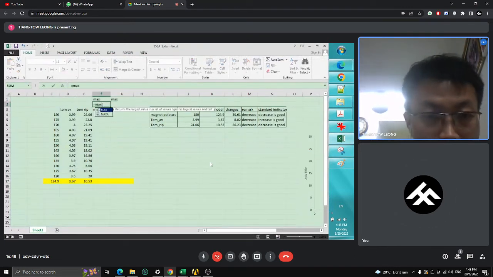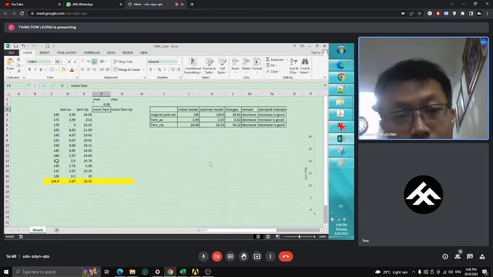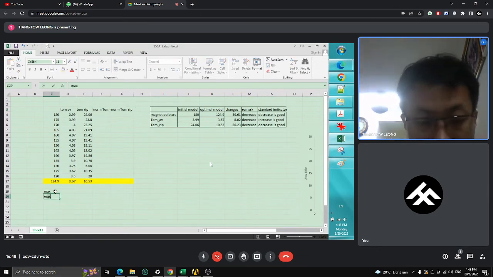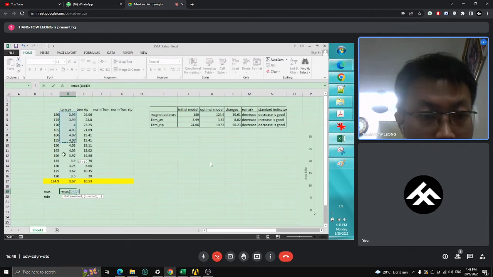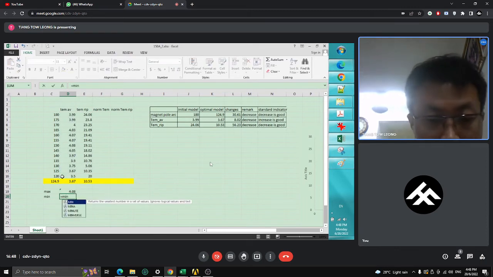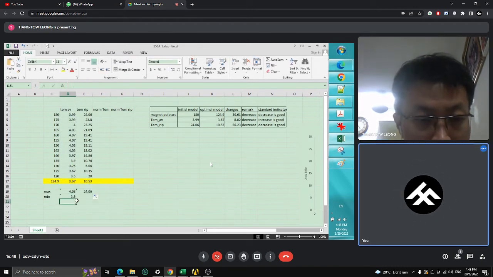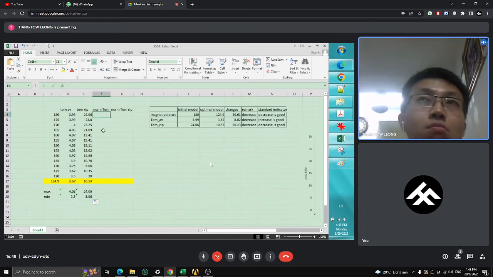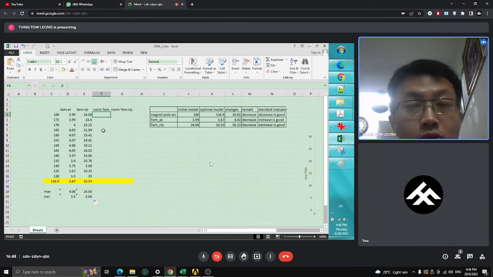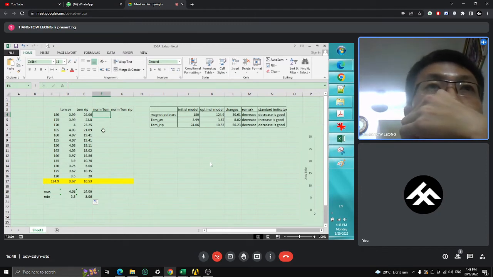Wait, let me see how to do that. Maximum, minimum, not maximum like this. Maximum of this, minimum of this. Okay, so this one should be this value. Normalize, how to do that? We use this value.